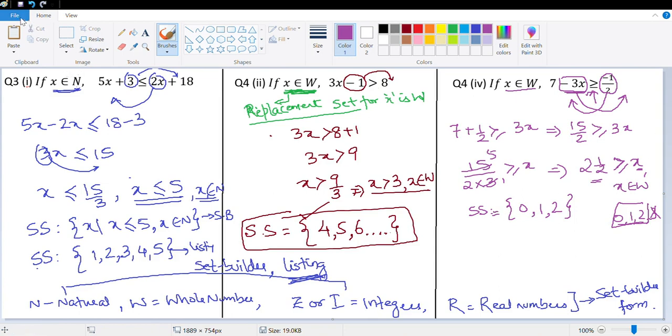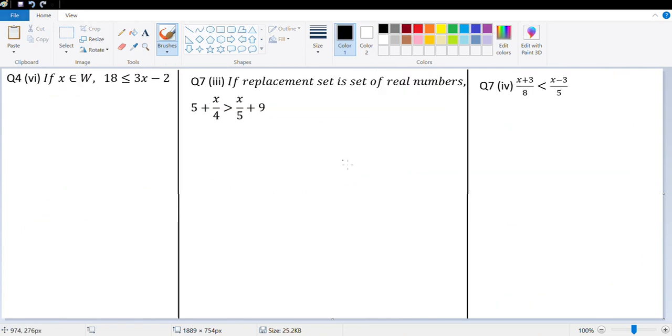The next one that we are doing is question number 4, part 6. It says if x belongs to whole number, 18 is less than or equal to 3x minus 2.